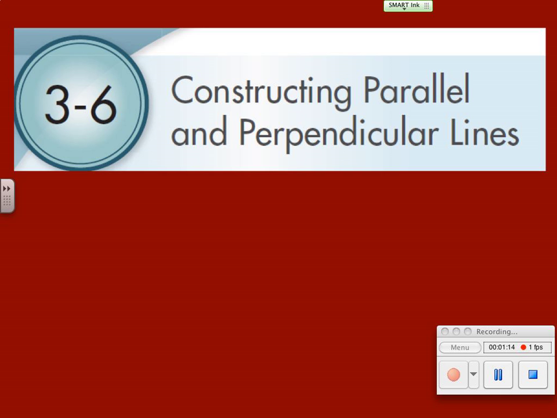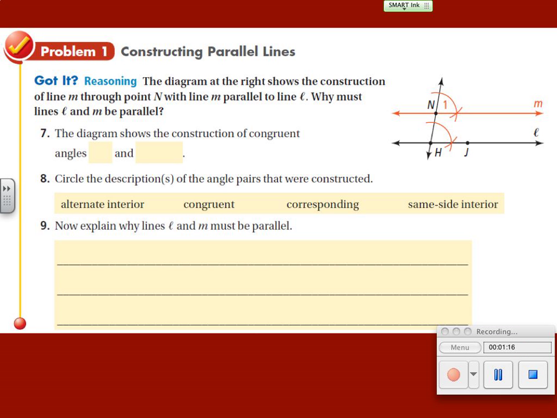And then we're going to continue on at problem 1, constructing parallel lines. All right. The diagram at right shows the construction of line M through point N with line M parallel to L. So we're going to find out why L and M are parallel. Now we learned previously in a theorem that through any one point there is only one line that is parallel.